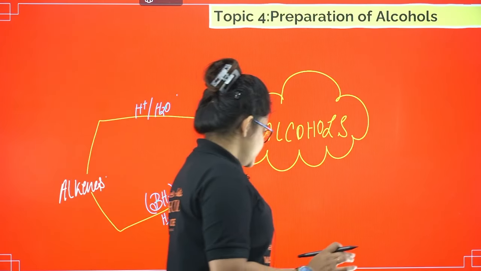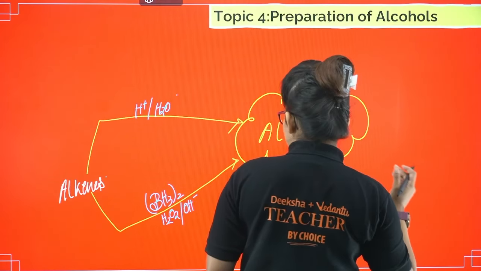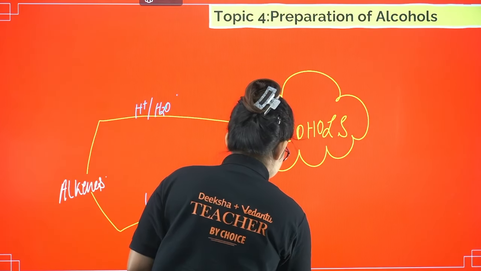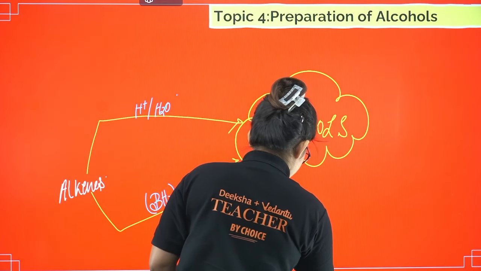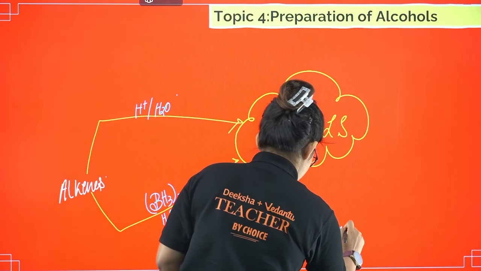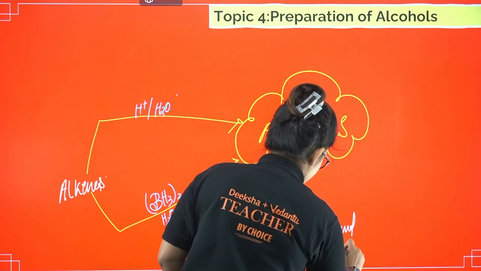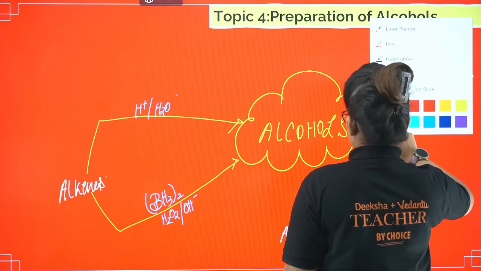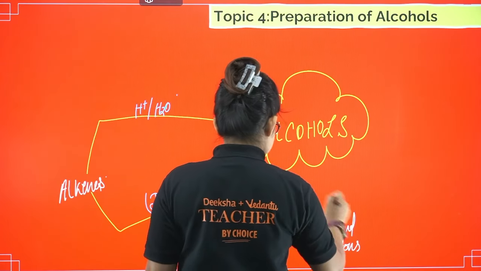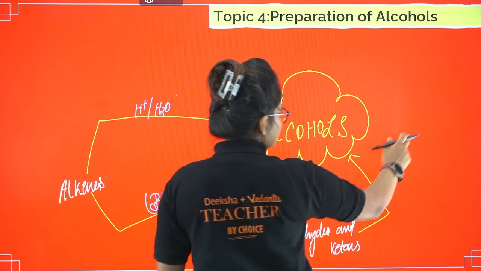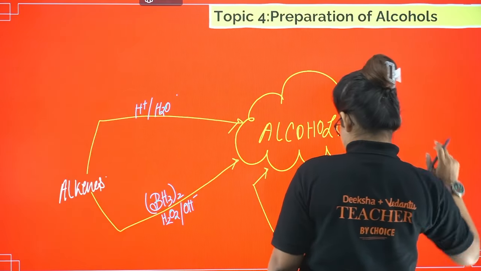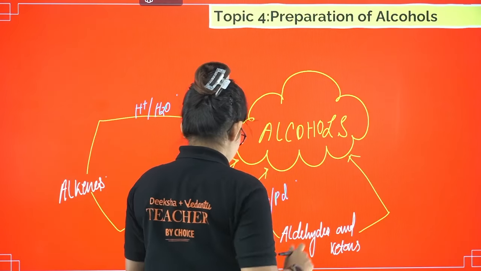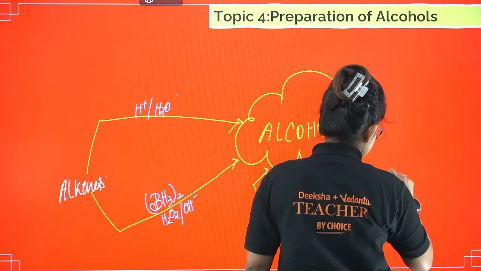Now let's proceed with the next option. Let's start from the aldehydes and ketones. From aldehydes and ketones you can also proceed in two different ways. First, you can give H2 with palladium, normal hydrogenation, or you can give NaBH4.